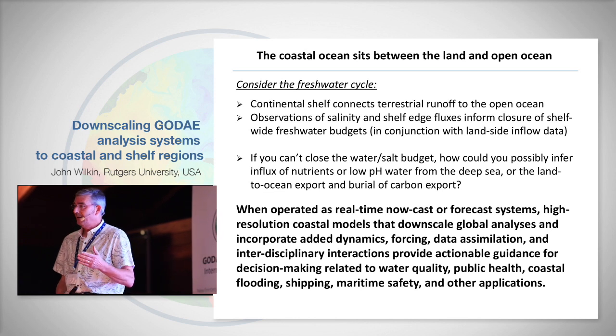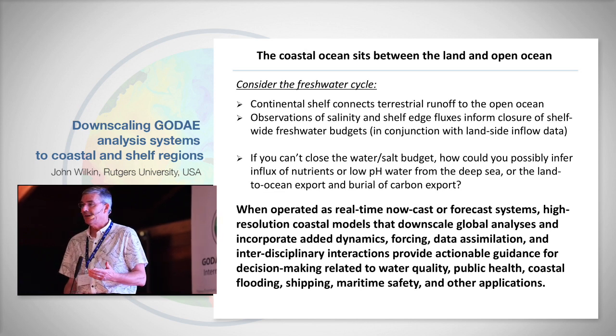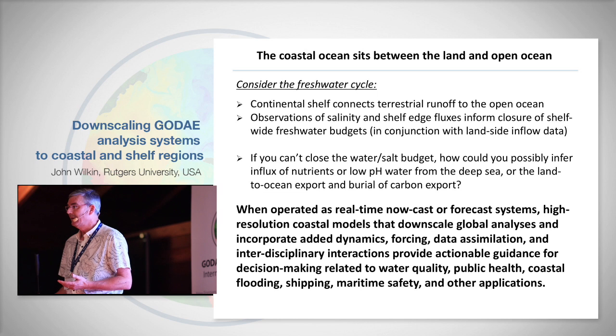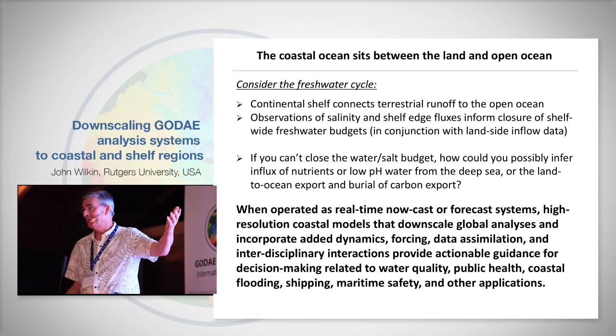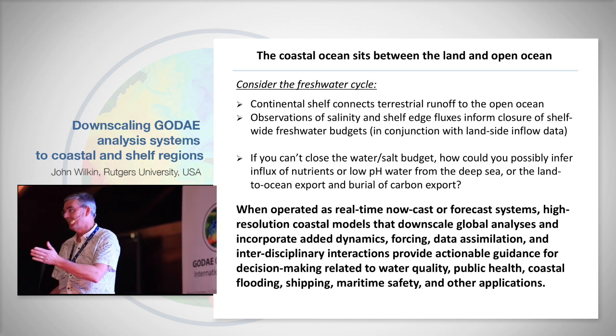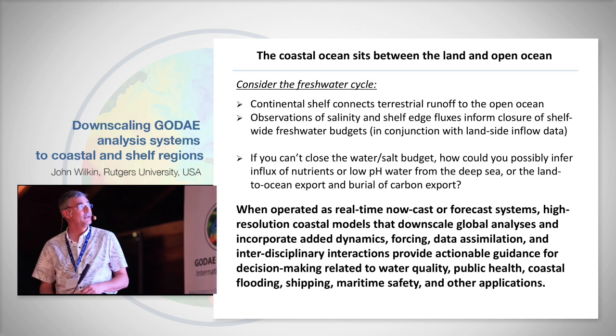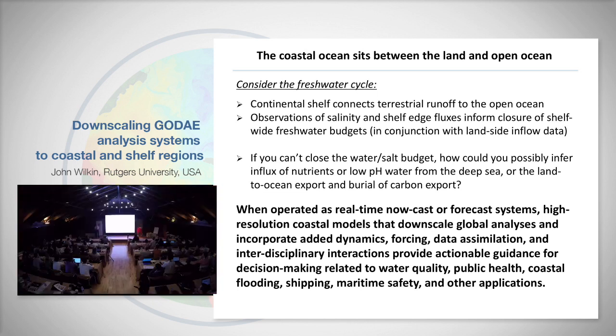And if you want to get conditions in the coastal ocean correct, say you just want to get the across-shelf gradient in salinity from 0 at the river through the estuaries to 33 or 35 parts per thousand at the shelf, then you have to be able to observe and model those across-shelf fluxes at the shelf edge. And that's a very challenging problem because of the steep bathymetry and very short length scales within shelf dynamics.